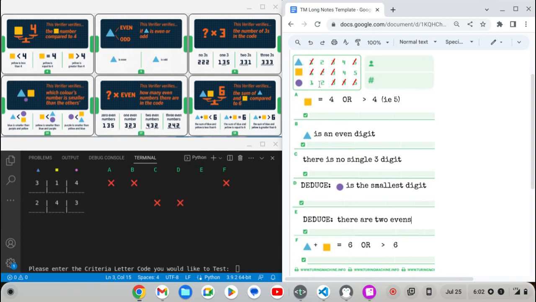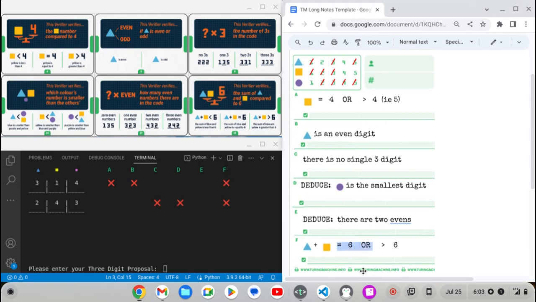And so I'm saying that circle is 1. And now I have to figure out, is the sum 6 or 8? Because I deduce that there are 2 evens. So let me go ahead and test F again. And I don't have 6, so it is greater than.